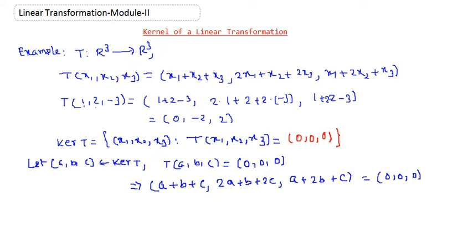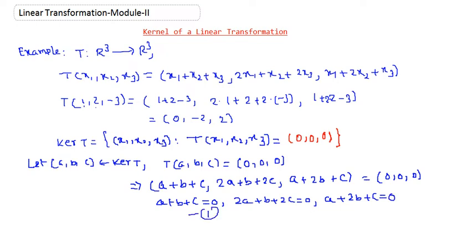in R3, so each component of the vector has to be equal. For the left hand side of this equation and the right hand side, in this way, A plus B plus C has to be equal to 0. 2A plus B plus 2C also has to be equal to 0, and A plus 2B plus C also has to be 0.